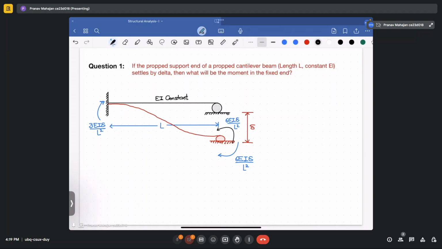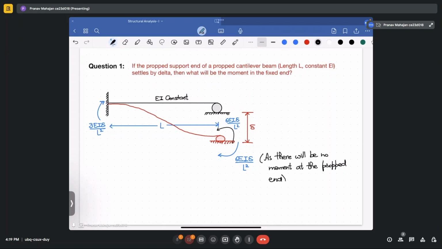Okay. So this moment is applied as there will be no moment at the propped support. That's why we have applied this moment at the propped end.